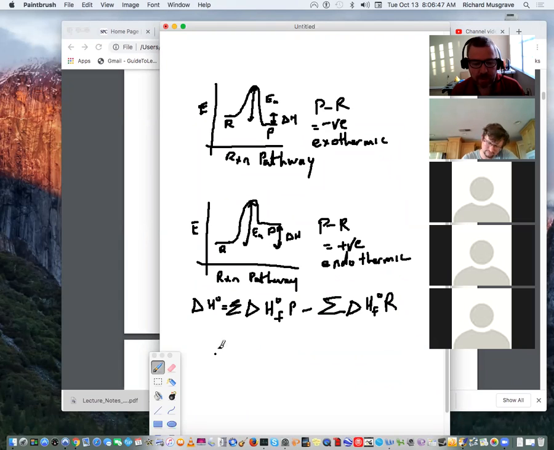Let's say you've got a situation where you've got, I don't know, even just two gas molecules in a container.